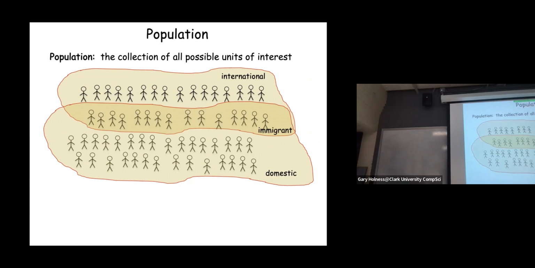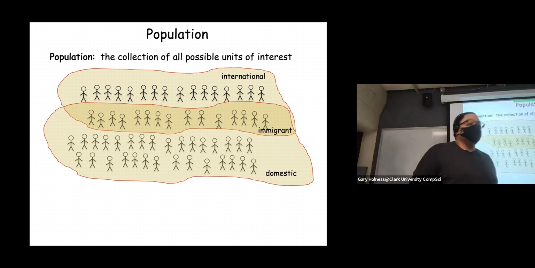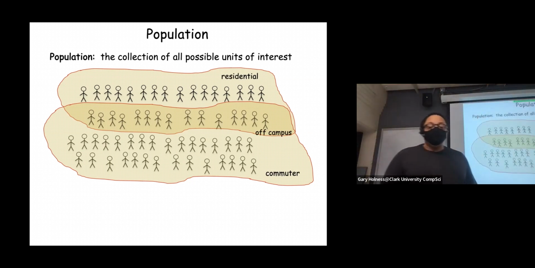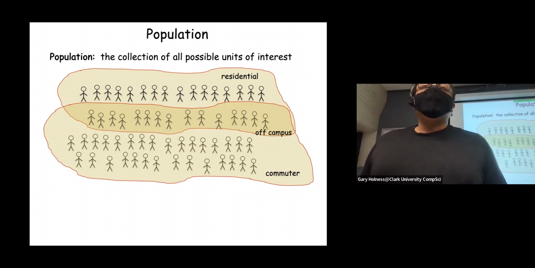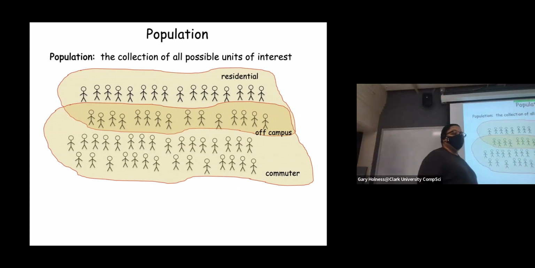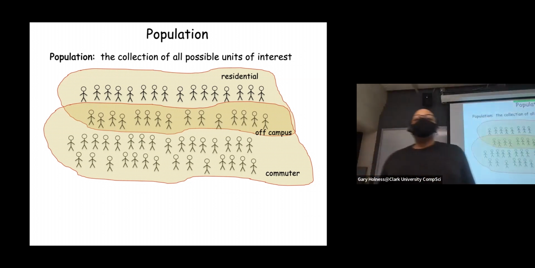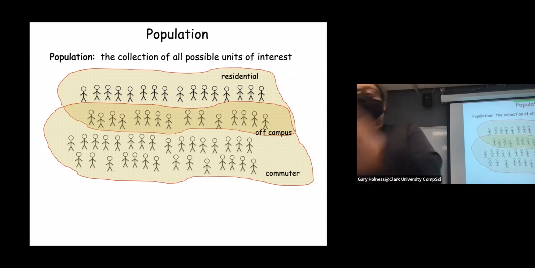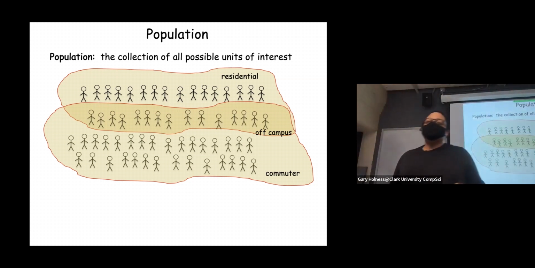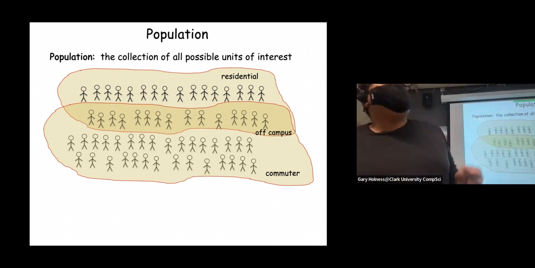And so how you choose to organize your subgroups that collectively comprise the population that you'll be studying is entirely up to you, but you need to think about functionally what it is you're trying to accomplish. Another one is the residential commuter off campus. Well, someone who's off campus, they're residential, they're right kind of at the campus, but they're also commuters. They might live off campus in university-owned housing or privately owned housing, but they're commuting because they're not in a dormitory, but they're also residential.